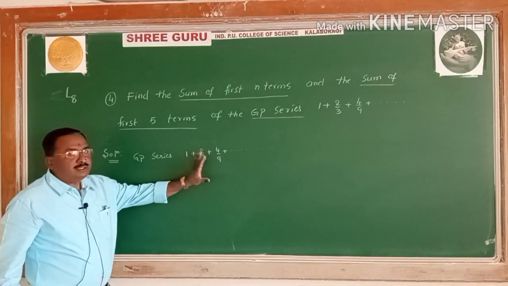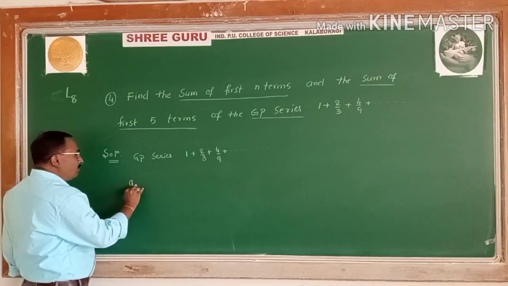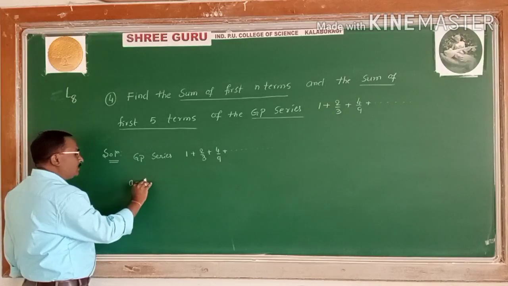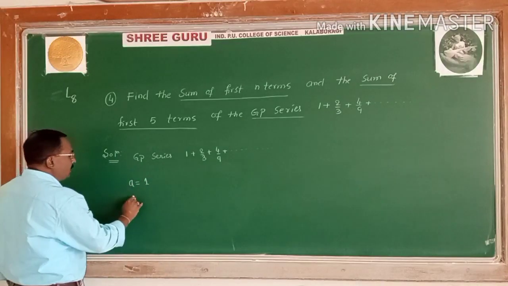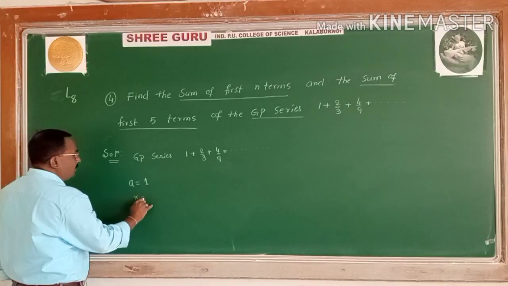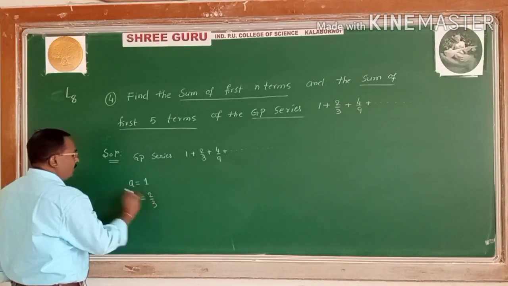This is in the form of a GP series where A is equal to the first term, A is 1. Common ratio, any term divided by the previous term, 2 by 3 divided by 1, is 2 by 3.